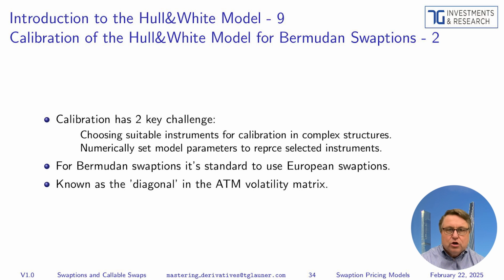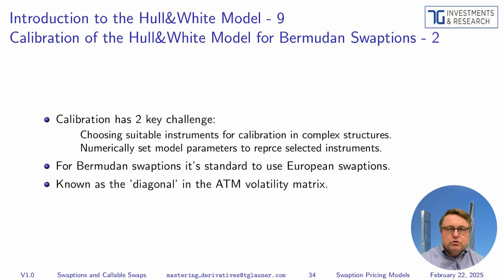In general, and not really related to Bermudan swaptions, calibration of the Hull and White model presents two key challenges. One is selecting appropriate instruments for calibration, especially for complex structures. The other one is numerically adjusting model parameters to ensure the selected instruments are repriced correctly.